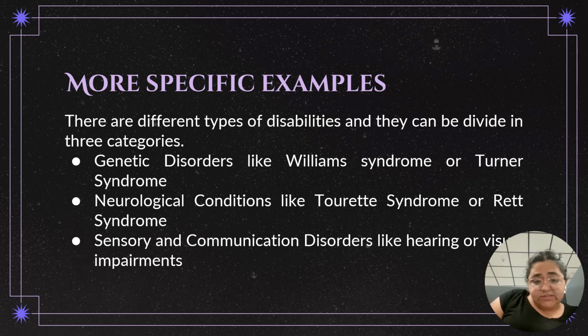Most call them tics, but it is also a symptom that can affect at a neurological level. And we also have sensory and communication disorders like hearing or visual impairments, which are just examples. As there's more out there, I used these ones for the presentation.